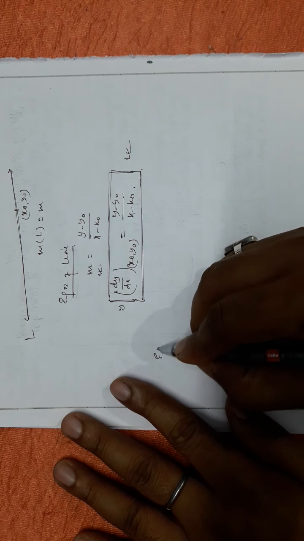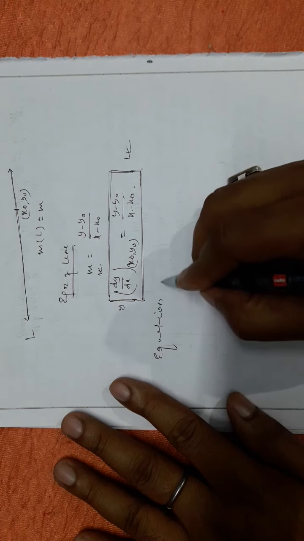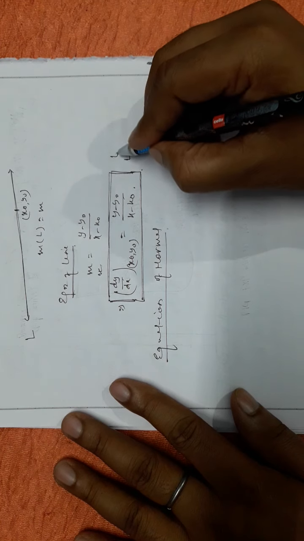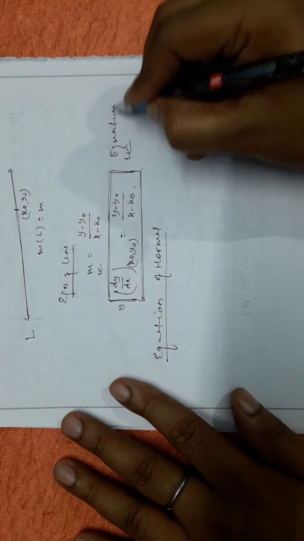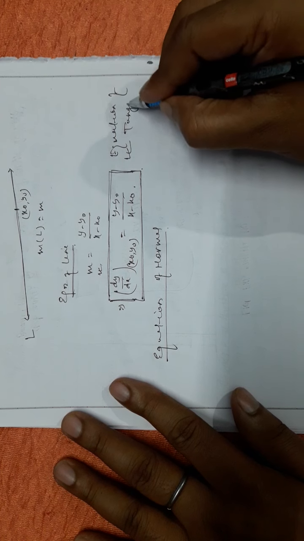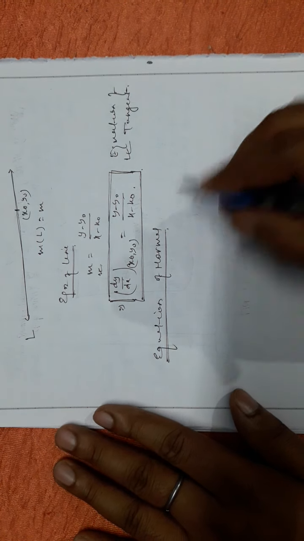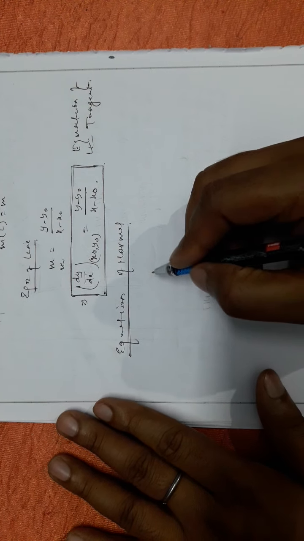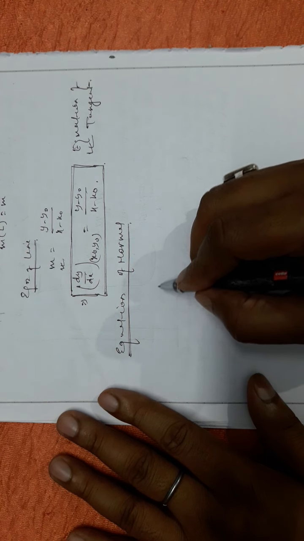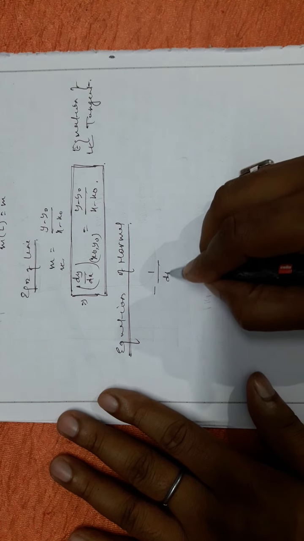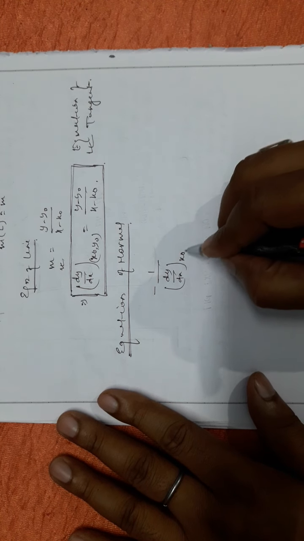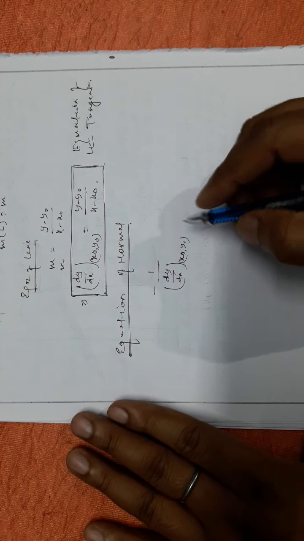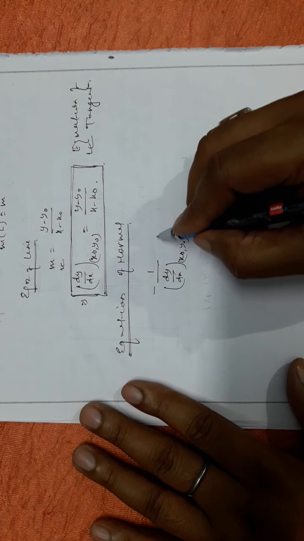This is called the equation of tangent. Now the equation of normal. As I discussed with you, the slope of normal is the negative reciprocal of the slope of tangent. We say this expression, minus 1 by dy/dx at (x0, y0), is the slope of the normal.